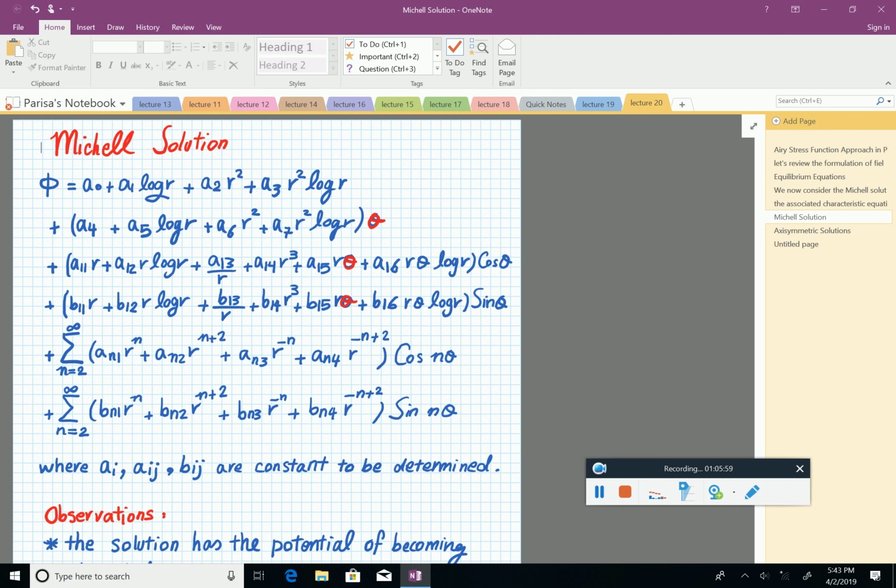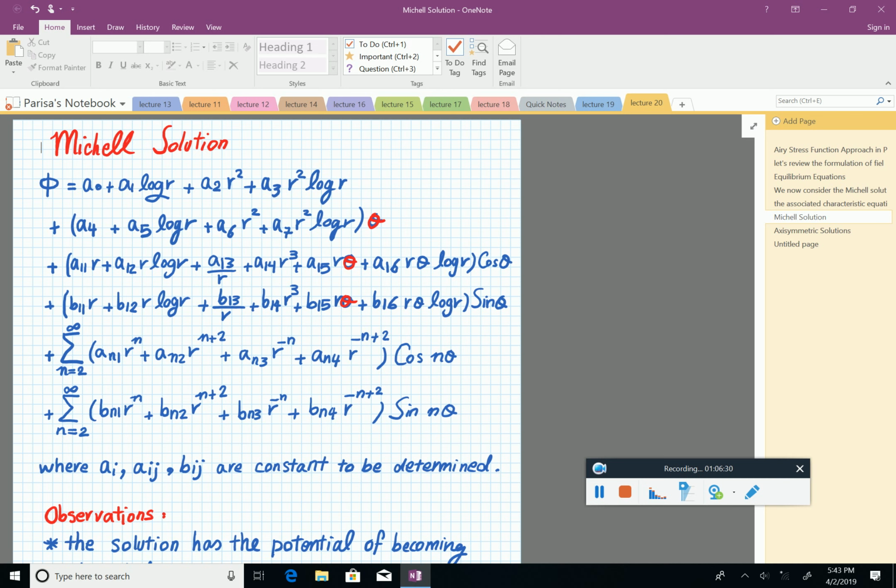Now, if you look very carefully at the Mitchell solution, and this is what we are going to do in the next few classes for every example, what terms do you think I have to keep to develop an axisymmetric solution? The first line, does it look good? How about the second line? That's for sure a no-no, right?